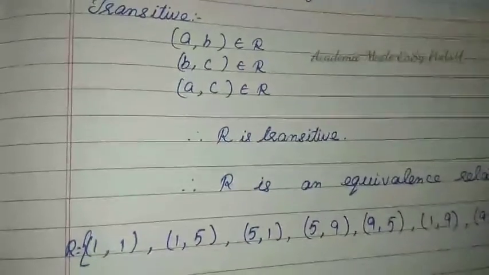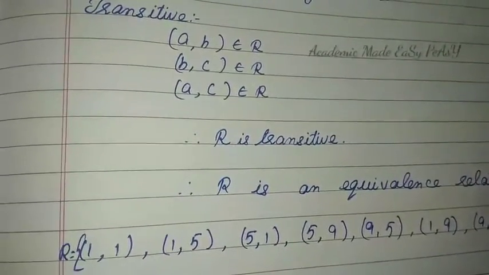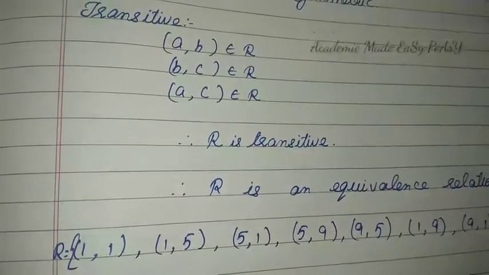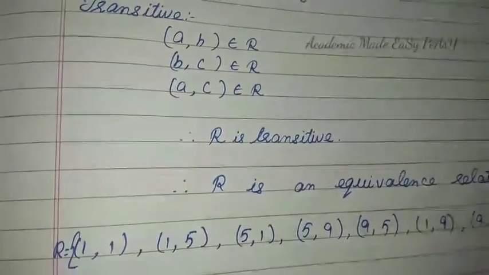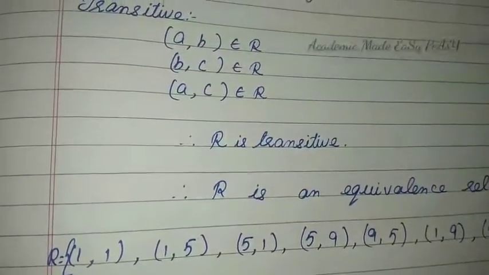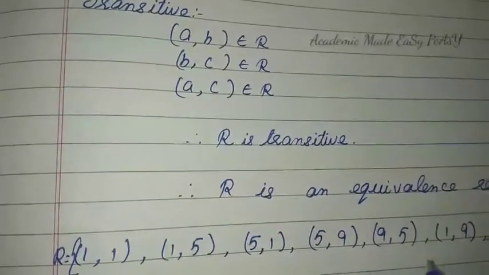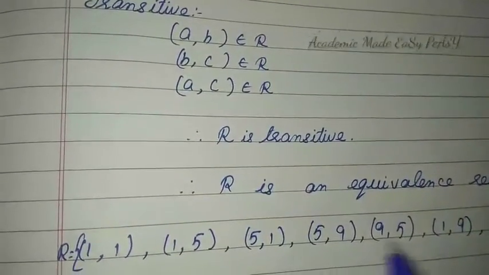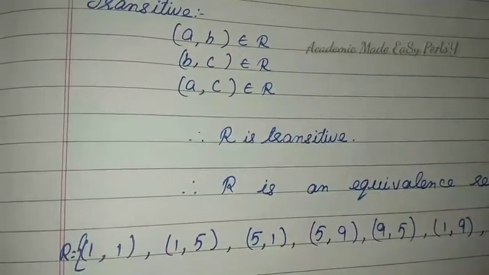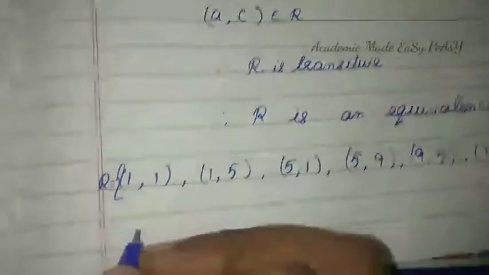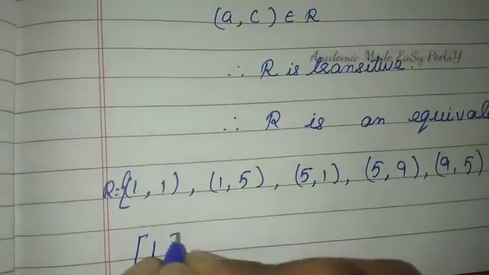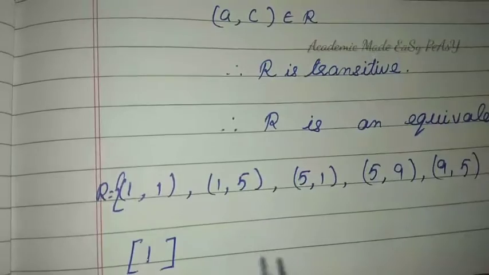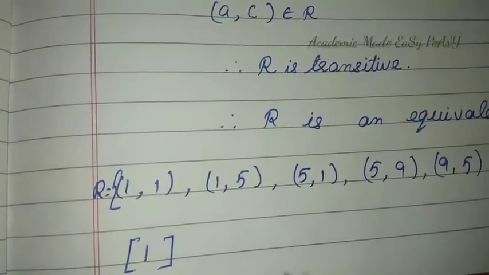I'm taking only the numbers related to 1. There are many pairs, but I'm taking only these because I want only the equivalence class of 1. So the equivalence class of 1 is represented like this.